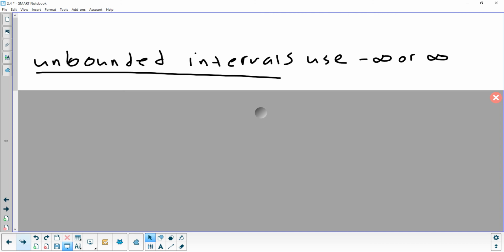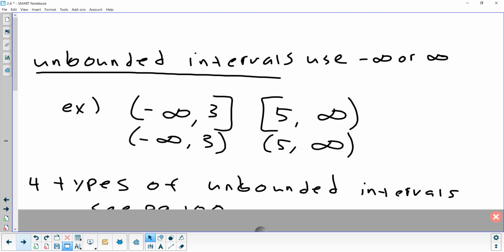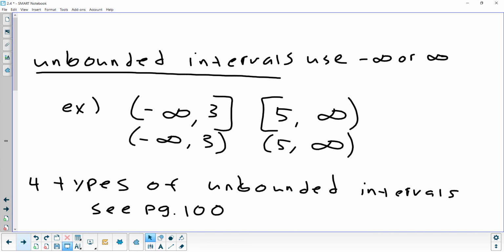With an unbounded interval, the shading has an arrow indicating that it keeps going forever in a direction. So these are all examples of unbounded intervals. Let me graph the one in the upper right. This would be a closed circle on 5. That's my lower limit.